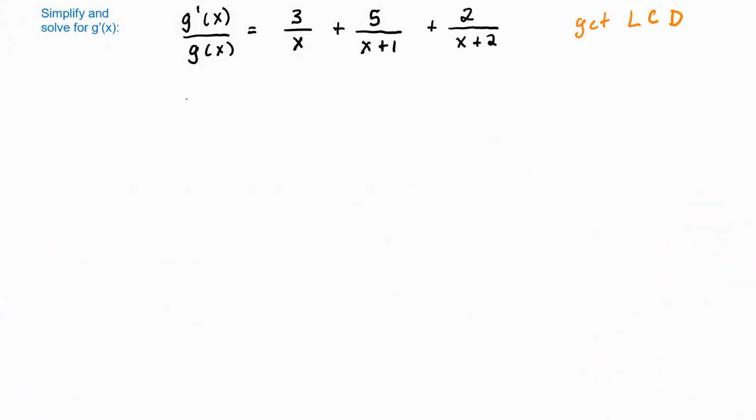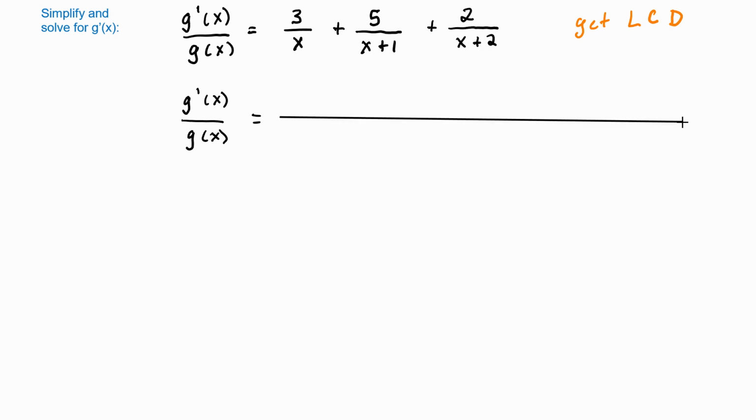So our left-hand side stays g prime of x over g of x equals, on the right-hand side, we know that our common denominator will be the product of all three denominators, x times x plus 1 times x plus 2.